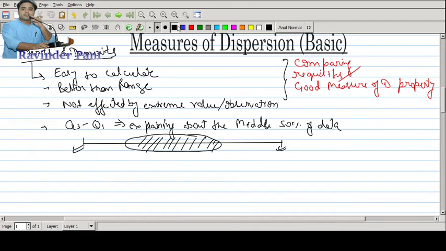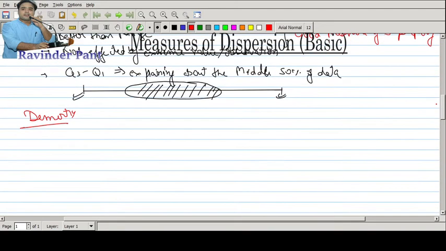Now let us talk about the demerit portion. Few demerits, yet very important. That is why we are moving to another form of measure of dispersion. One property of a good measure of dispersion says that the measure of dispersion should take into account all or at least maximum observations of the data set.